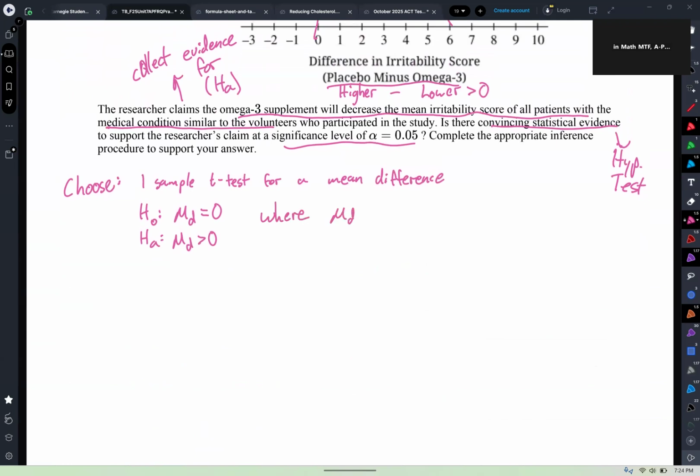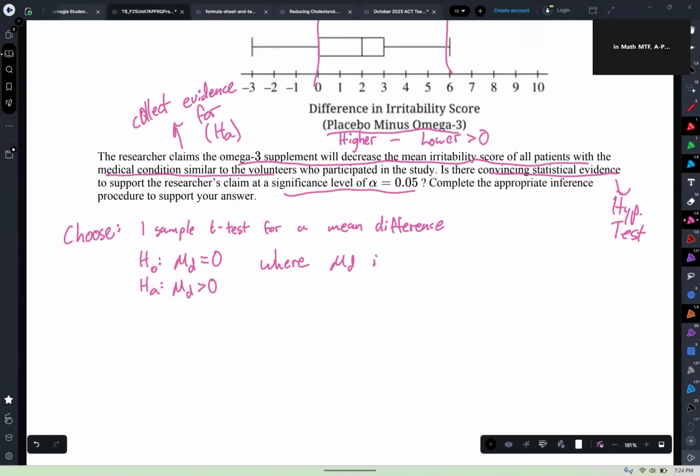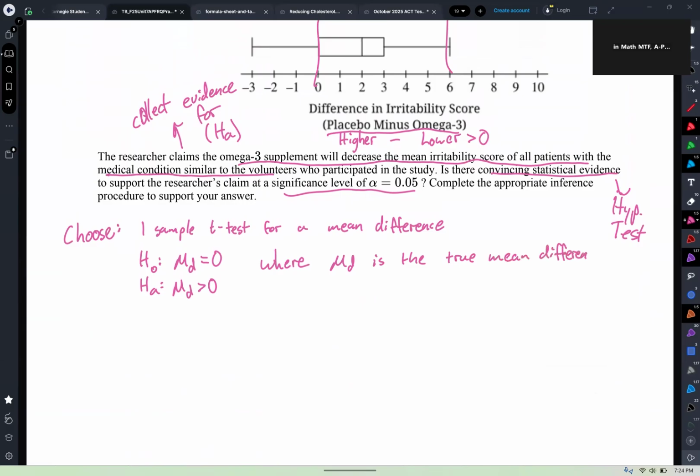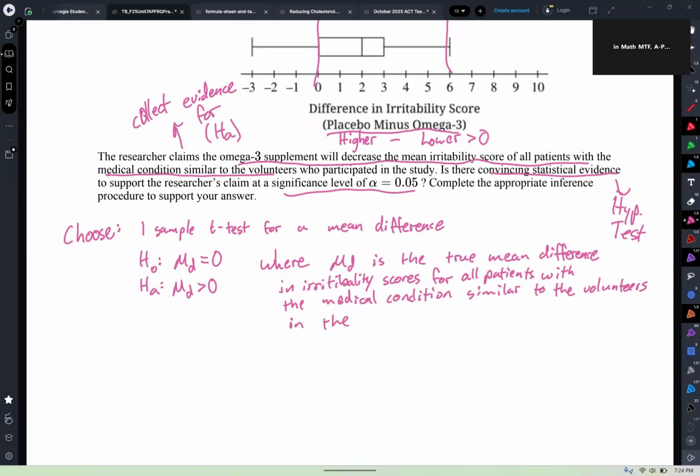Where mu sub d, I'm just going to pull this directly from the context, is the true mean difference in irritability scores for all patients with the medical condition similar to the volunteers in the study.